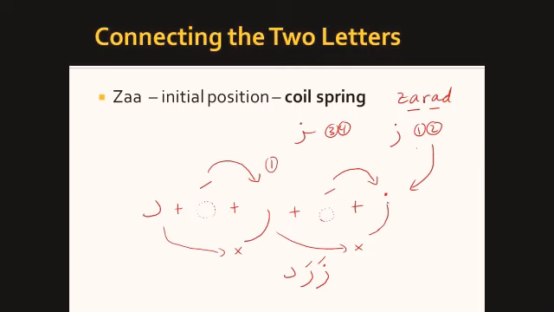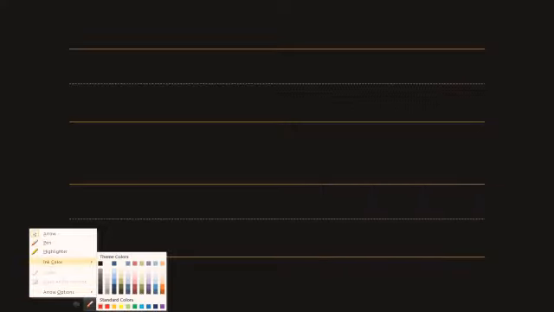Let's write it a couple of times. I'm going to change my color to yellow. So we're writing the word zarad. Okay? So again, we write our za here with the fatha, ra with another fatha, and dal.